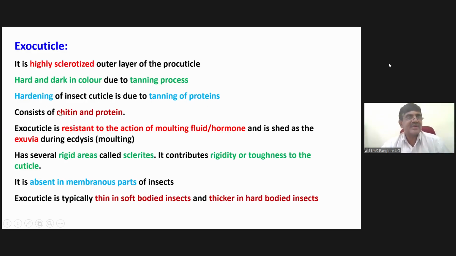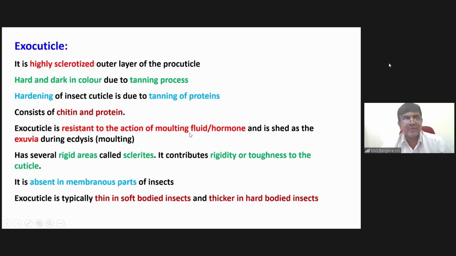This exocuticle is rich in chitin and protein, and it is resistant to the action of molting fluid.